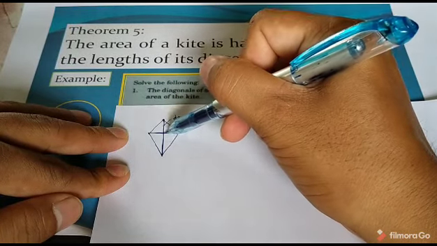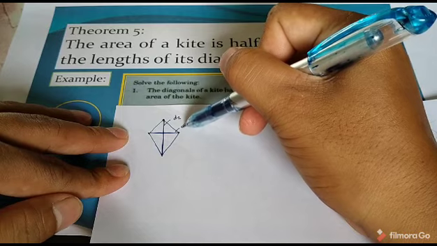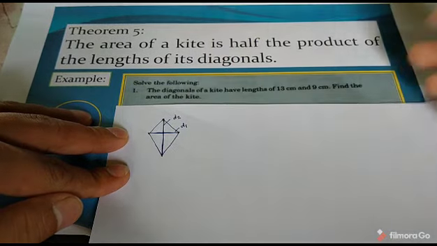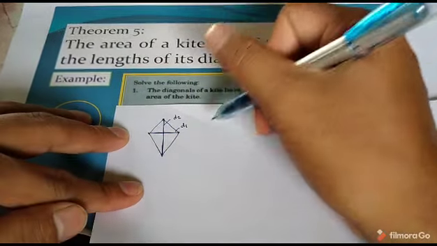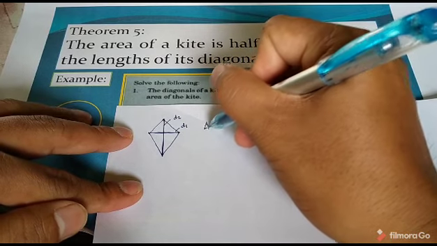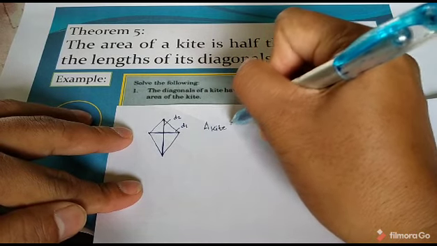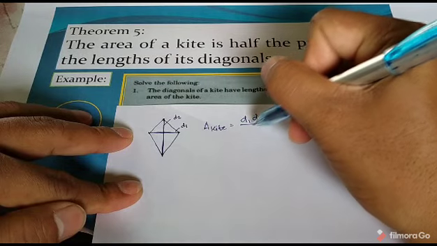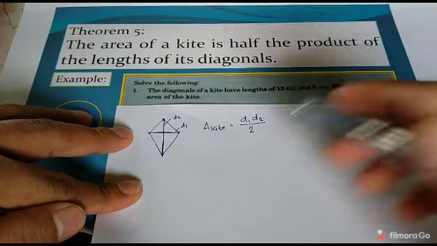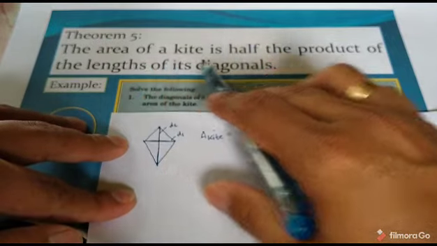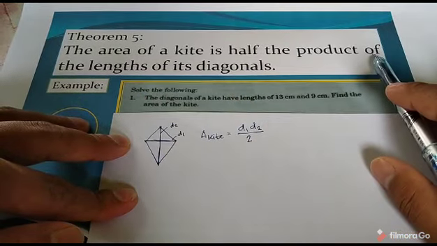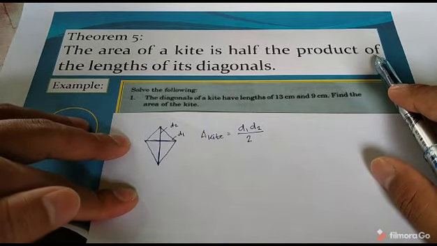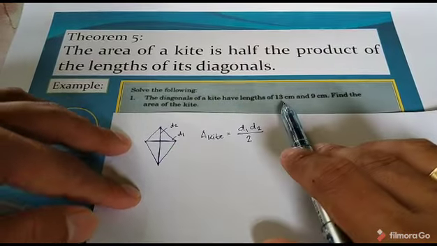And the shorter in length will be considered as our diagonal 1. Okay, so remember that the area of the kite formula, you have diagonal 1 times diagonal 2 divided by 2. Because it says from the theorem that the area of the kite is half the product of the lengths of its diagonals. So let's go back with our problem here.